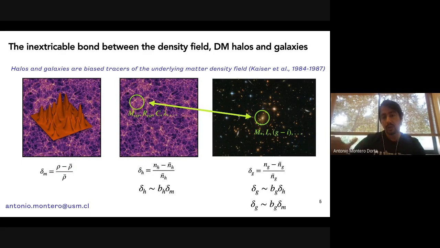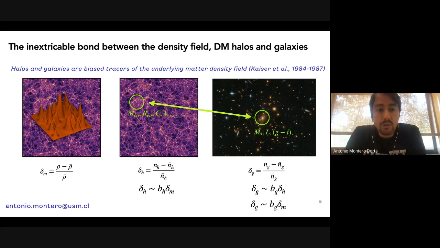Then, in the halo-galaxy connection, the way I see it, at least as a personal view, we work with three different fields. You have the underlying matter density field, which is a continuous field, on the left-hand side.